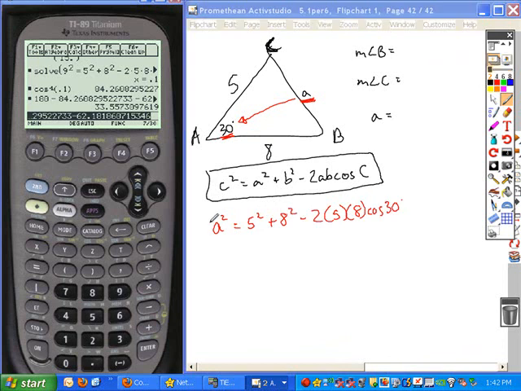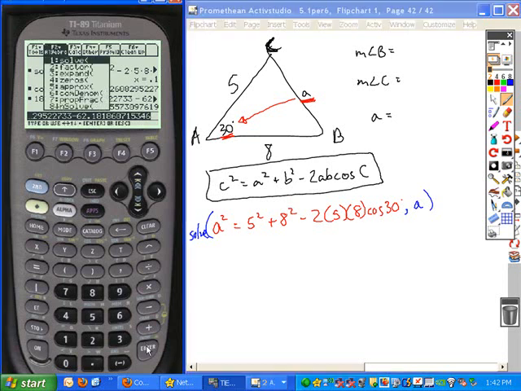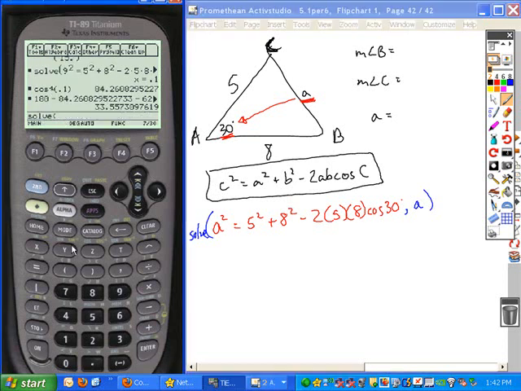Again, the nice thing with this is it fits right into our calculator. Solve for A. So if you get a plus or minus, it's going to give you a positive and negative root. Do we even need to consider the negative roots for distance? No. So we can enter this in, solve, and I'm just going to use an x instead of the A, just for ease of writing it.